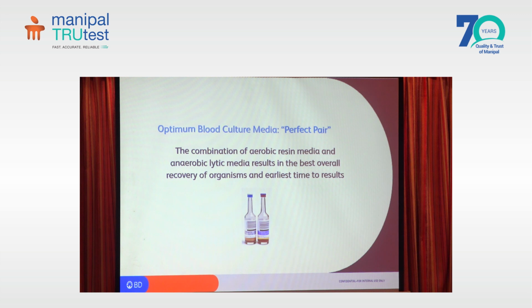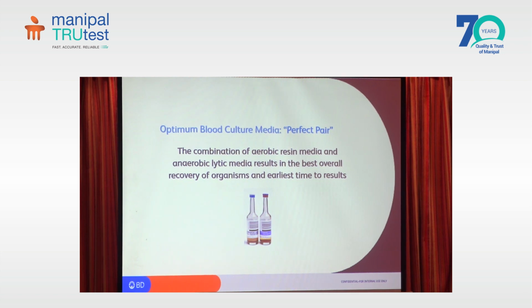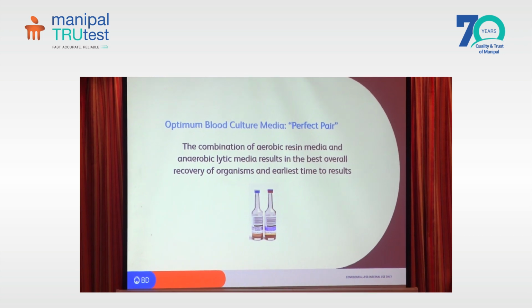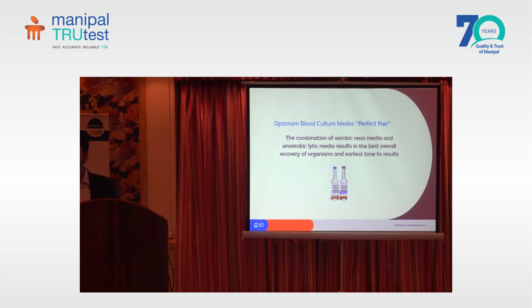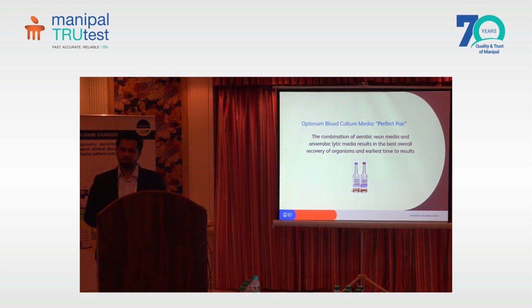Perfect pair means Lytic Anaerobic and Aerobic Plus. Use of Aerobic Plus helps in neutralization of antibiotic, and Lytic Anaerobic will cause lysis of RBC and WBC, which helps in more recovery, and it will cover a wide range of organisms, both aerobic and anaerobic. Okay.